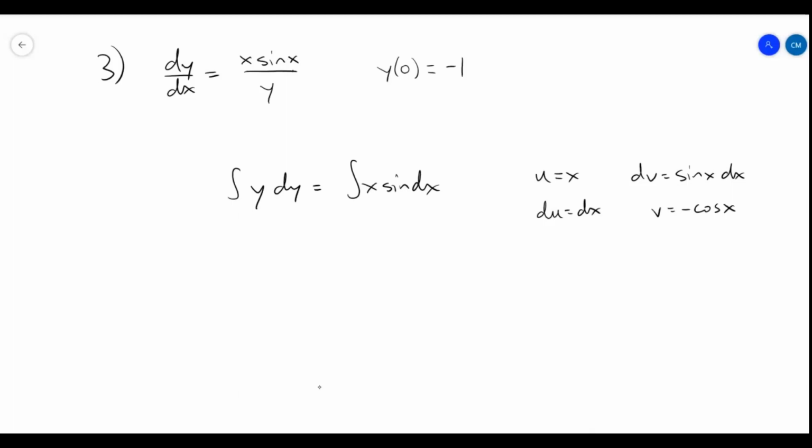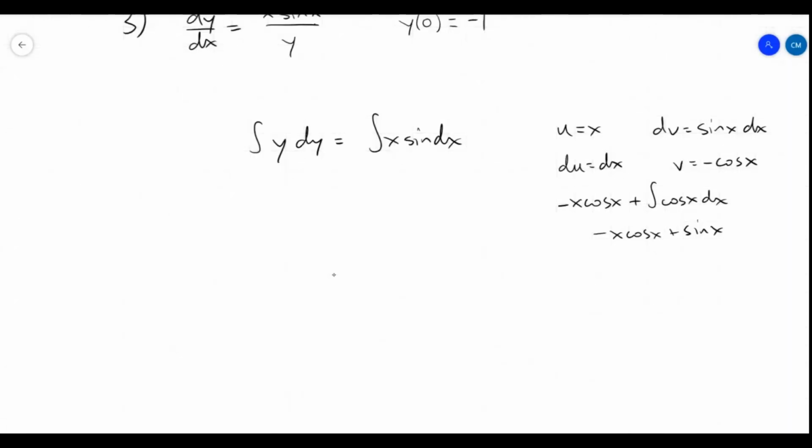So the integral there will become negative x cosine x minus the integral v du, that's actually going to become plus cosine x there. So we'll get minus x cosine x plus sine x. Okay, so that's the right side.